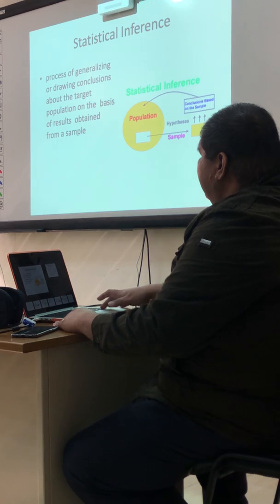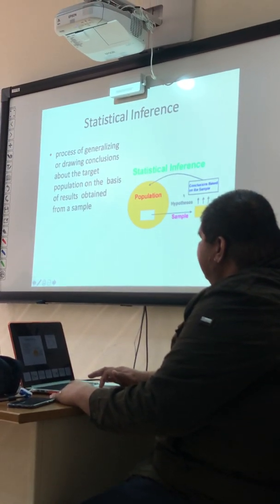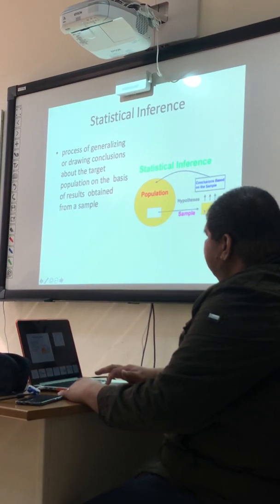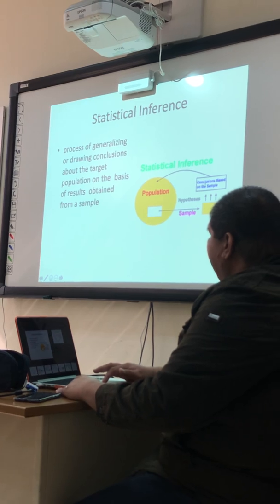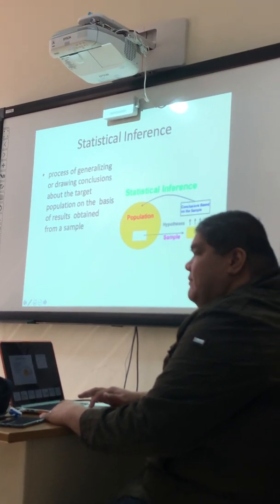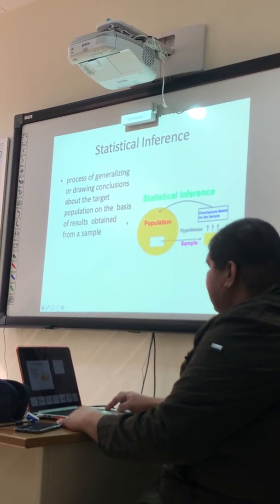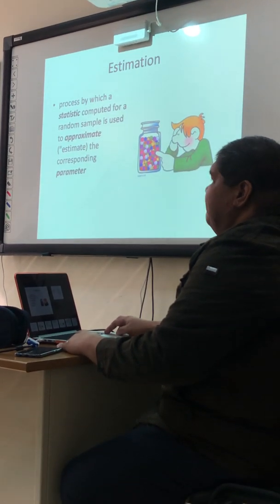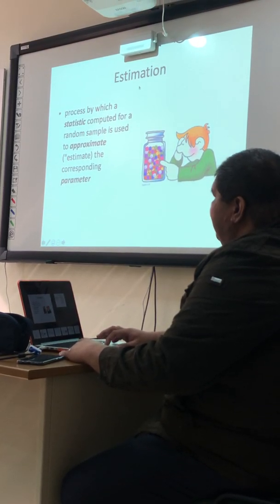As I have said, in statistical inference, we just get a subset of the population, which we call the sample. We observe it, and whatever conclusions we have based from the sample, we generalize it to the population of interest. Now, one activity under statistical inference is estimation.